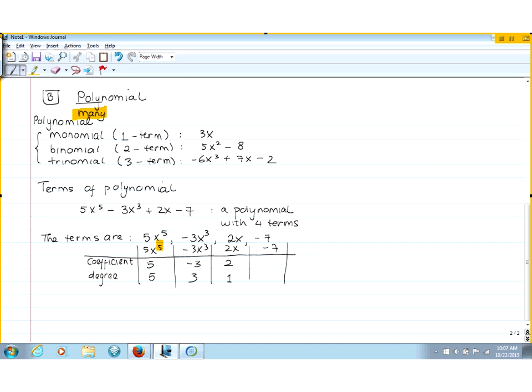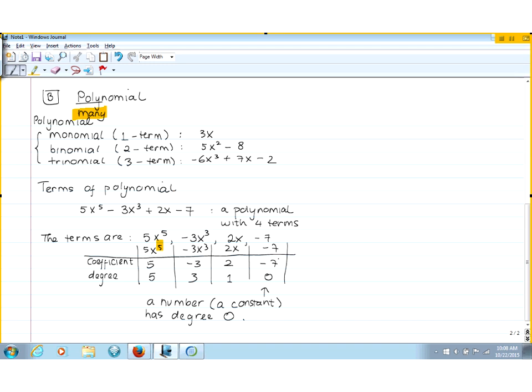Next, coefficient and degree. Okay, next. Coefficient, negative 7, degree 0. So a constant has degree 0. A number, which we call a constant, has degree 0.